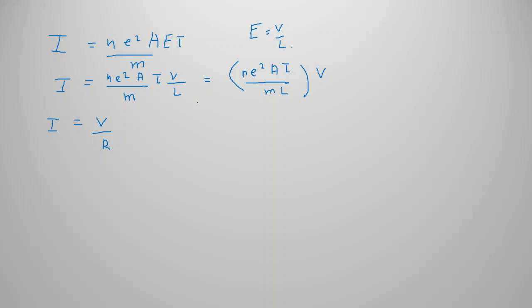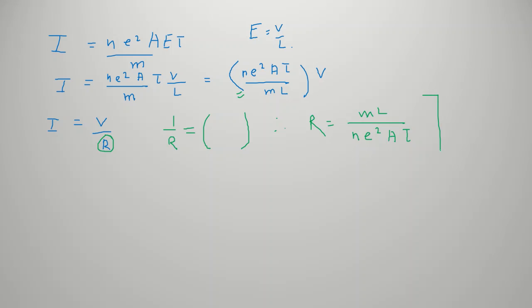So we can equate R with this term and obtain 1 by R equals this whole term, and therefore R equals m L divided by n e square A into tau.